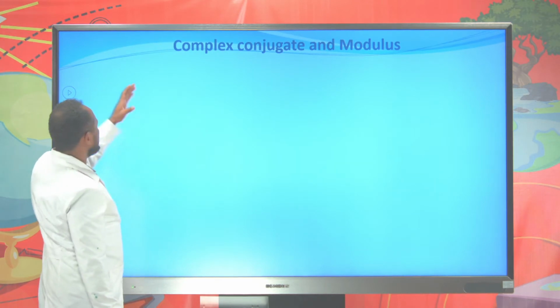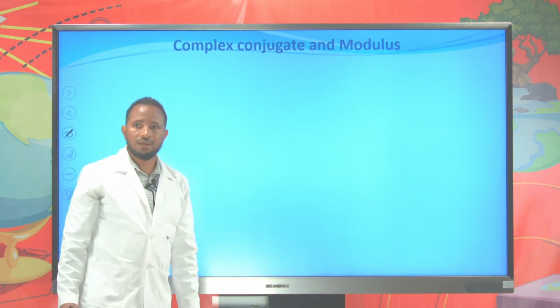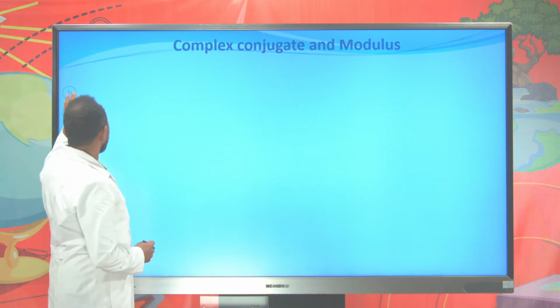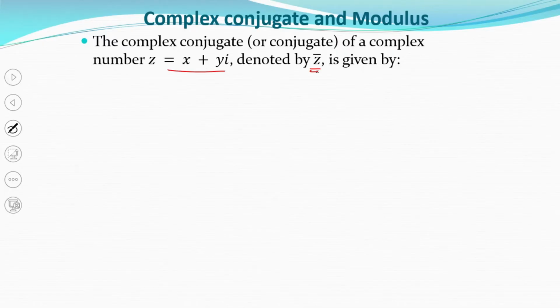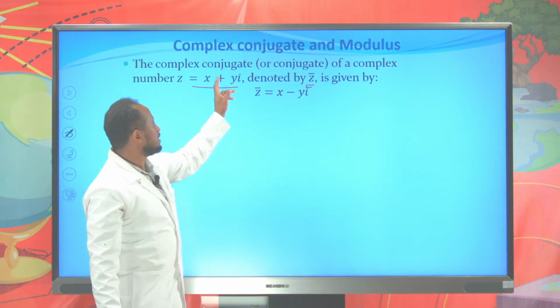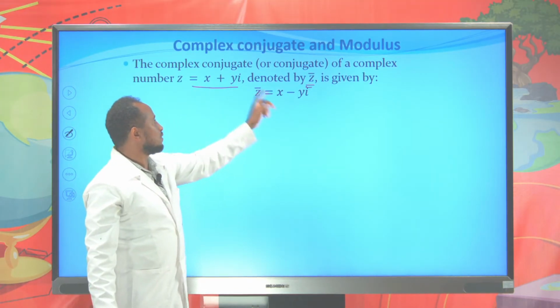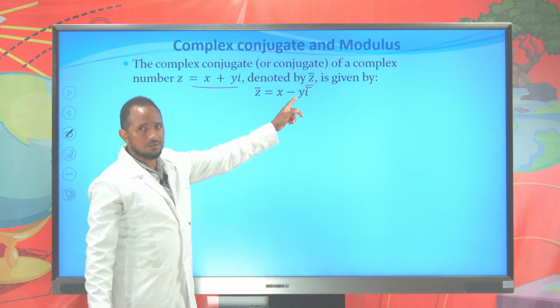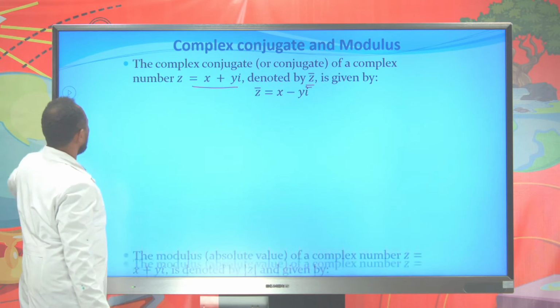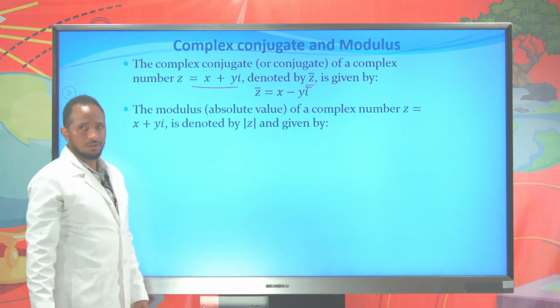Now let's see complex conjugate and modulus of a given complex number. Z bar is equal to x minus yi. Simply you take the opposite of the imaginary part, x minus yi. Now let's see about modulus.